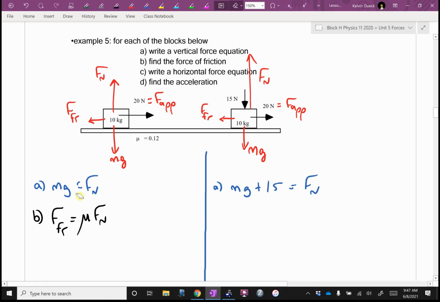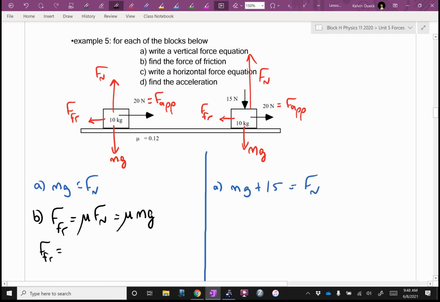What can I replace the normal force with? Yes, but you have to walk through that. Especially in Physics 12, the normal force will rarely be mg, and the number of times I see kids just go, friction's mu mg. No, it's not. It's mu times the normal force, which in this case is mu mg.